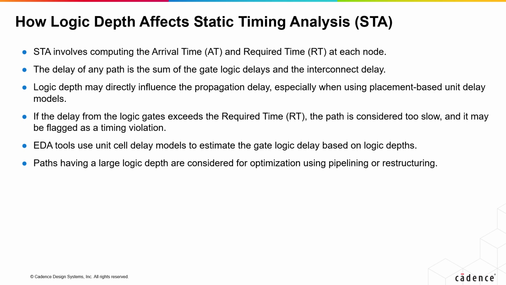When the delay of a gate in a path exceeds the required time, that path is typically slow and causes a timing violation. However, EDA tools use unit delay models to determine the gate delay based on the depth. Logic paths with larger depth can be targeted for timing optimization through restructuring or pipelining approaches.